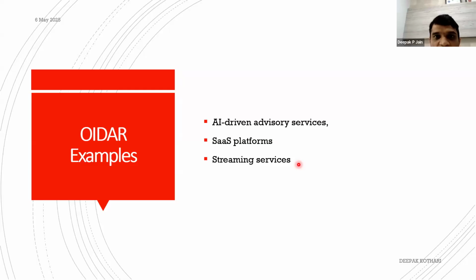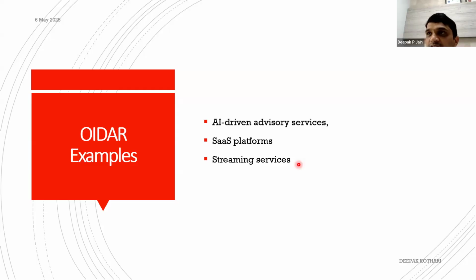So such advisory is one example. Then any SaaS platforms where you are only using the services online, software as a service, and there is no human intervention. And live streaming services, or any streaming services wherein the data is available, like movie streaming, where the movie rights are with the distributor.